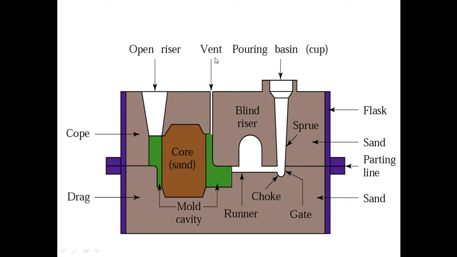Then going with the next, something called a vent. This molten metal is of very high temperature, so hot gases are there. If these hot gases are not let out, if there isn't any passage to go out, then these hot gases will be captured inside the molten metal, which forms small blowholes inside the casting.